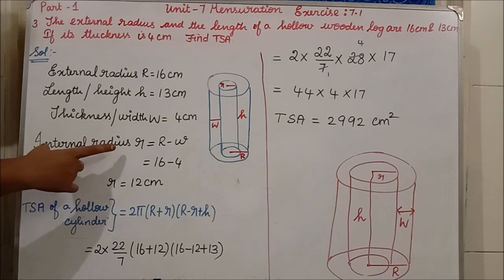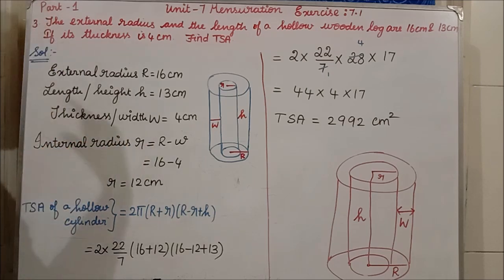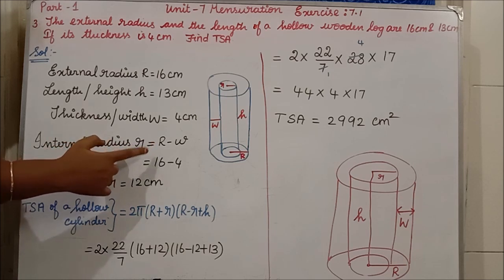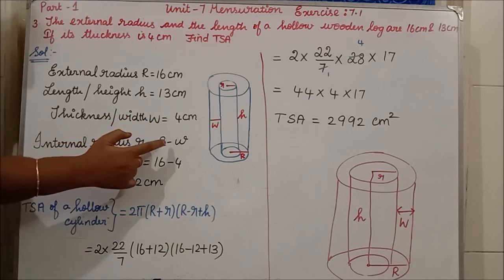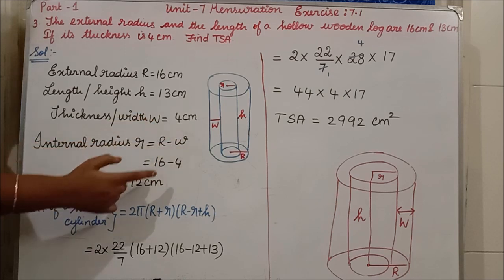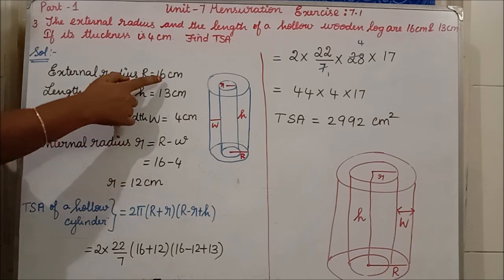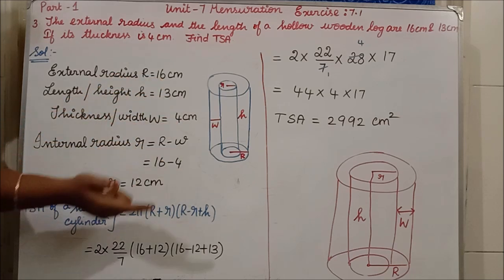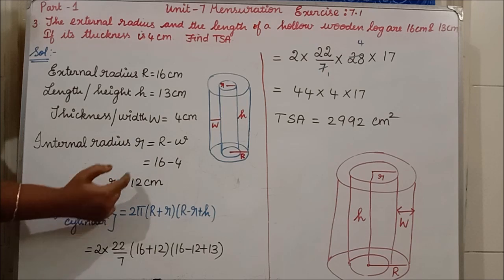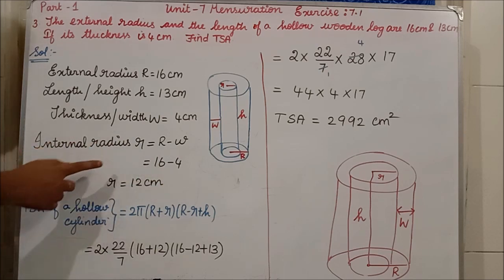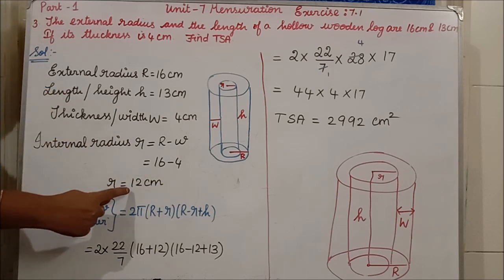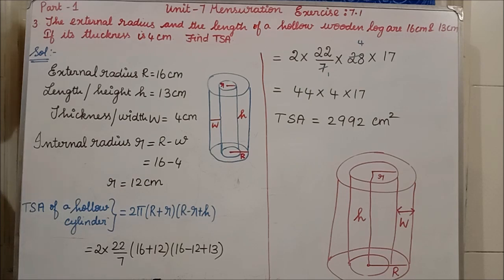Internal radius is small r, external radius is capital R. How can we find it? Small r is capital R minus W, where W is the width, the thickness. We know capital R is 16 and the width is 4, so 16 minus 4 is 12 centimeter. We have got the internal radius small r equal to 12 centimeter.